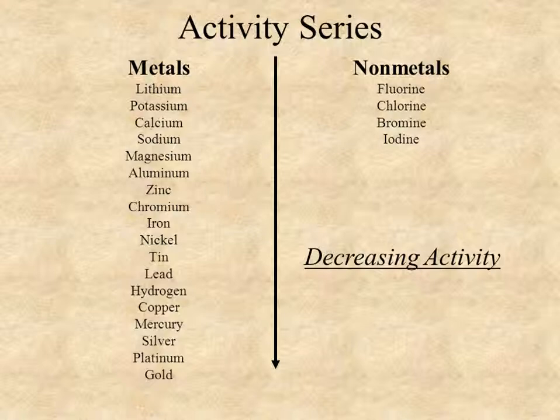So activity is decreasing as we go down these lists. For the nonmetals, the only ones that we have shown here are the halogens, and if you recall, nonmetallic reactivity increases as we go up the column. So you see fluorine being the most reactive nonmetal going downward to iodine, which of these 4 would be the least reactive.